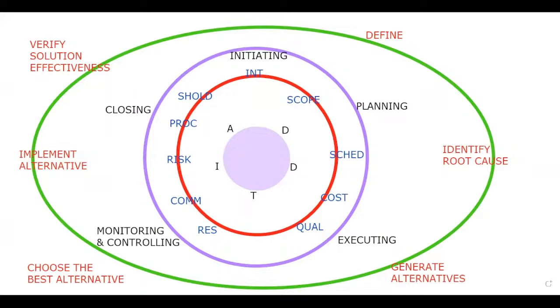Okay? You have the layers of the process groups, the layers of the knowledge areas, the layers of a development life cycle of sorts. Doesn't have to be software, it could be anything, right? And then you have the layer of consciousness of defining what the problem is. Now, there's a sub-step right over here.